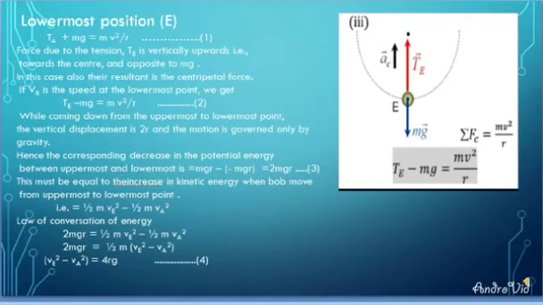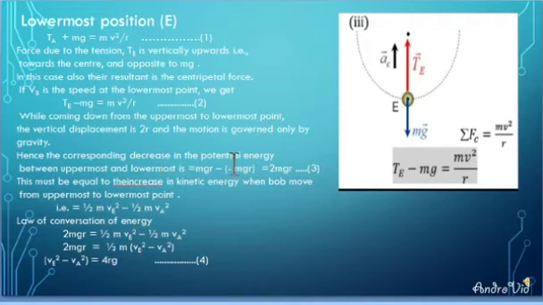Now let us consider what happens at the lowermost position. At the lowermost position, the tension is towards the center and mg is in the downward direction. Their directions are opposite. So I get the resultant as TB minus mg equals mv square upon r. While coming down from the uppermost to the lowermost point, the vertical displacement is equal to the diameter, that is 2r.